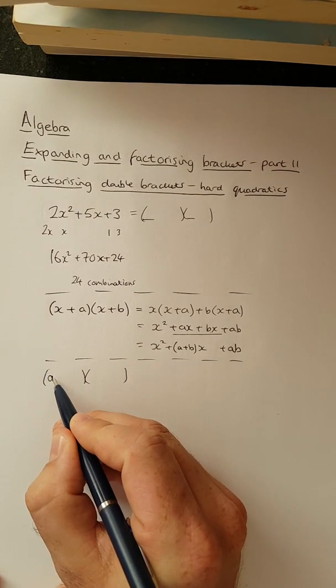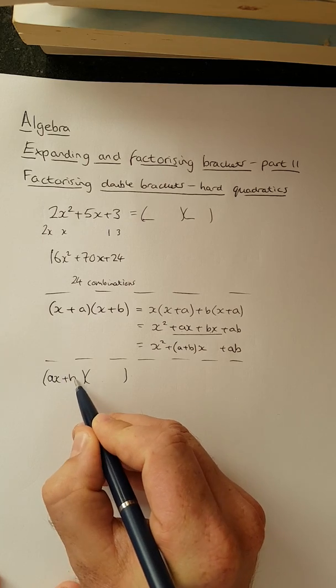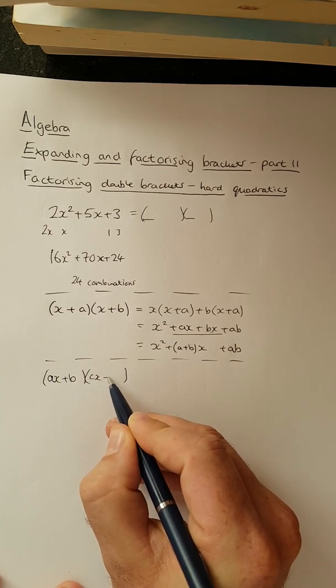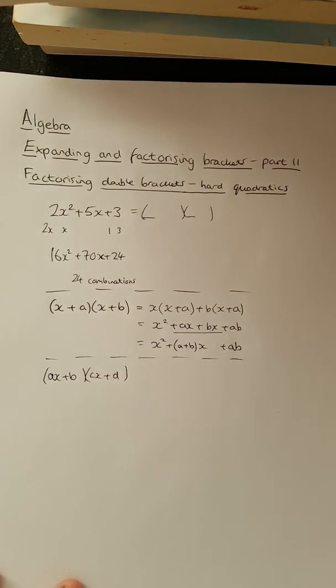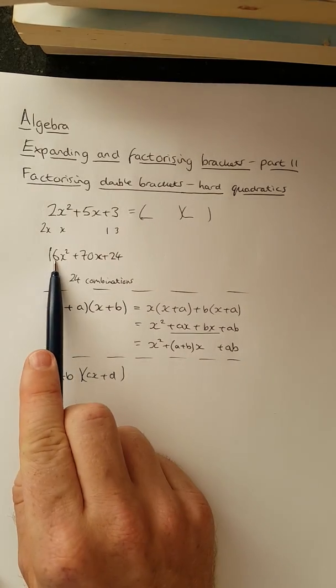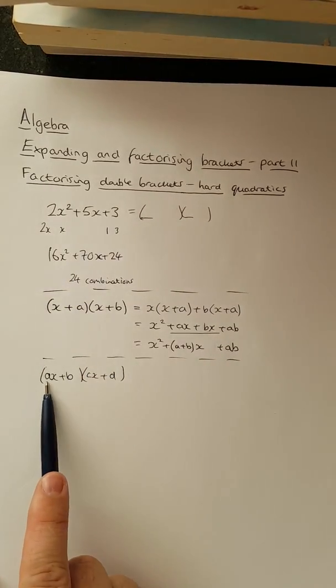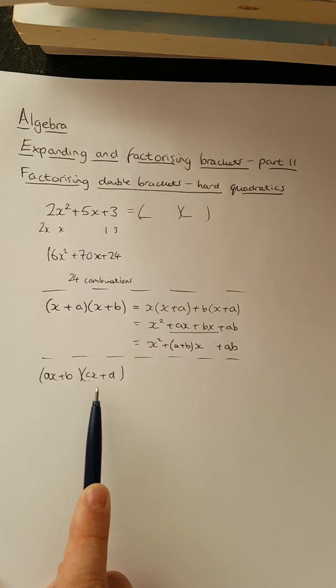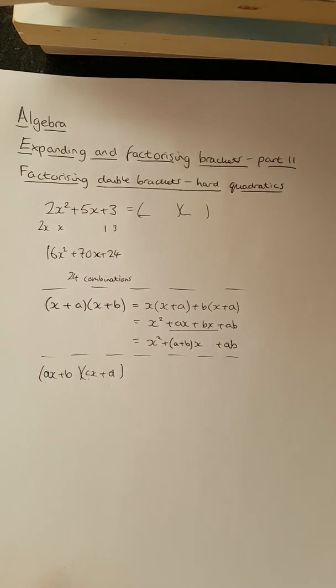Well, I need to have some number of x's and possibly a number there as well. And that's because if it was 16x squared, this could be 4 and 4, 8 and 2, 16 and 1. We just don't know.